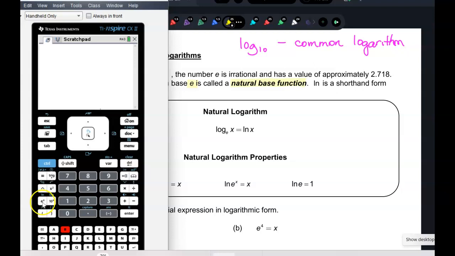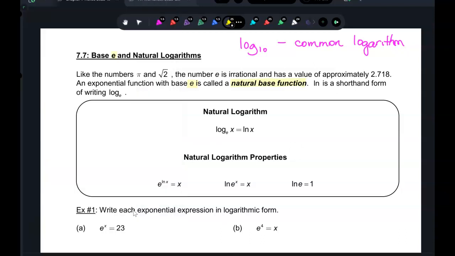On your calculator, in the lower left, you should see an e next to where it says 10 to the x power. If I put e to the first power, it actually has a value, like pi. Like pi and the square root of 2, e is an irrational number, approximately 2.718. Just think 2.7, a little smaller than 3.